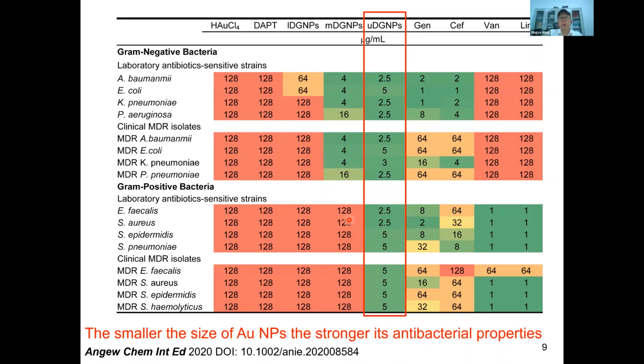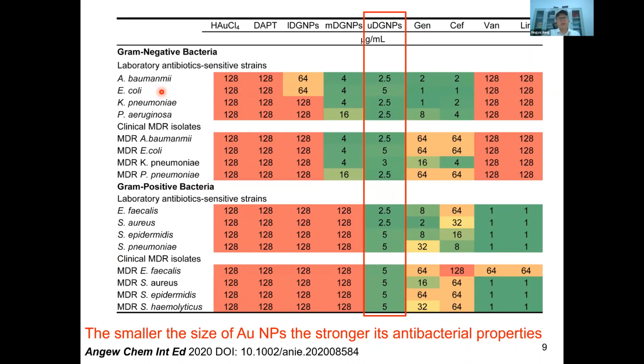And when it's not effective, we highlight that as red. So you can see again that the gold nanoparticle itself is not antibiotic. The DAPT itself is not effective. And then the ultra small, the very small one, the 2 nanometer one, is very effective, not only against the gram-negative ones, but also against the gram-positive ones.